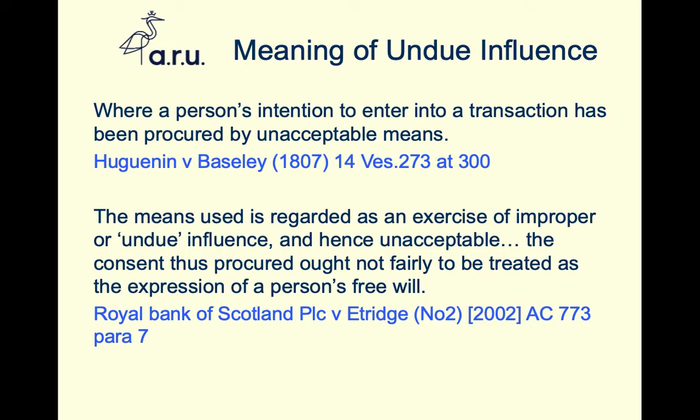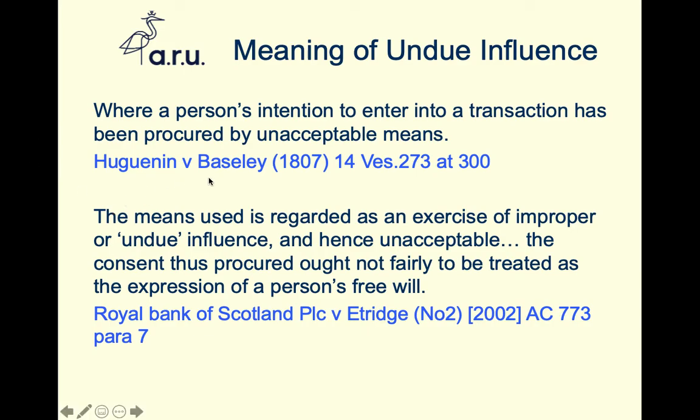What undue influence then does is it creates a defense mechanism. The defense being to the action of a bank. So a bank wanting to repossess and or sell a property would then meet with a mortgagee who's stating that they didn't know what they were signing, or that they were coerced into signing it by somebody manipulative who is also the fee simple absolute in possession holder and a fellow mortgagor.